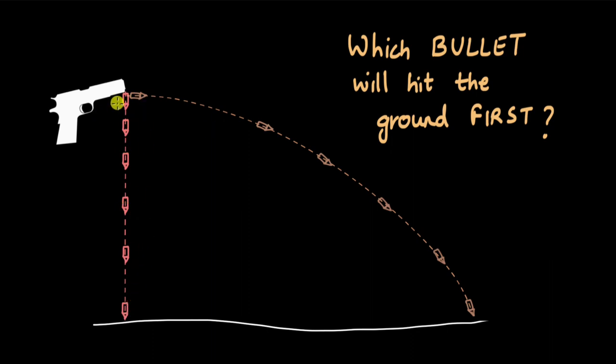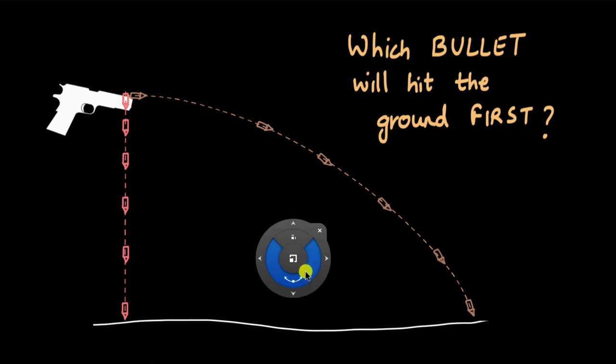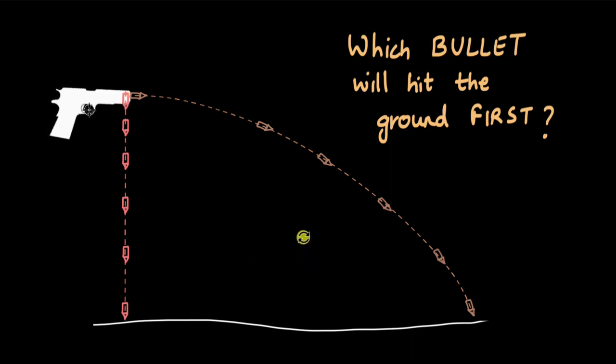Now again you might say the red bullet will reach the ground first. And now if I tilt it slightly like this, you might say the brown bullet will hit the ground first. So there comes a point when both of these bullets hit the ground at the same time, and that is when the bullet is fired horizontally. The bullet that is fired horizontally and the bullet that is dropped reach the ground at the same time.